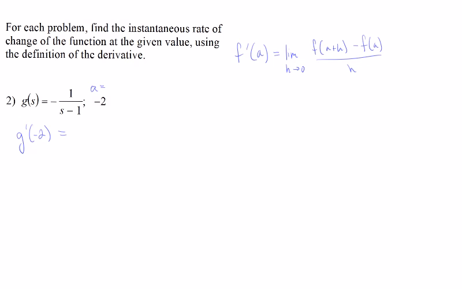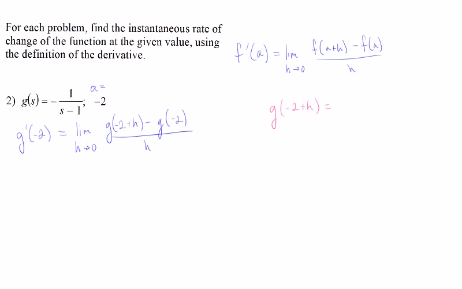So it's going to be the limit as h approaches 0 of g of -2 plus h, minus g of -2, all over h. Okay, so what I'm going to do off to the side here, and you don't have to show this work, is find g of -2 plus h, which is going to be this function, but instead of s, I'm going to put in -2 plus h.